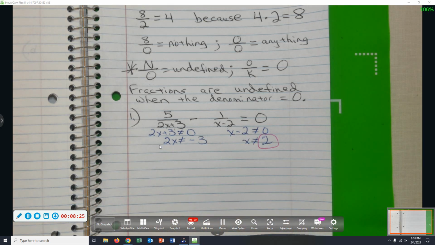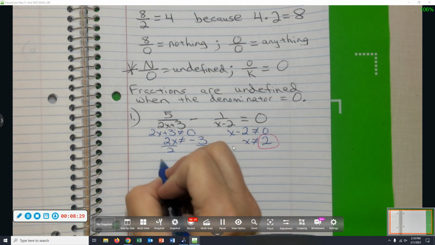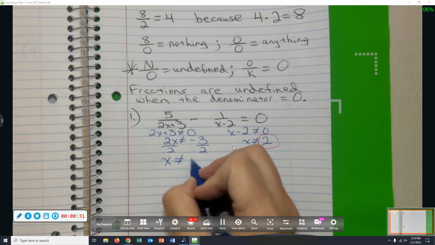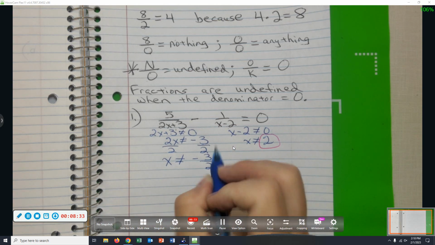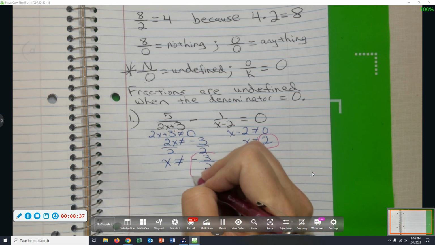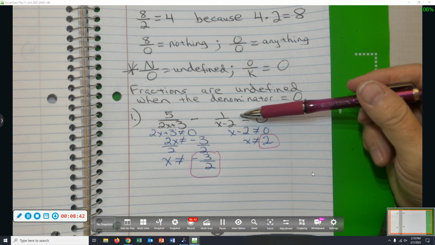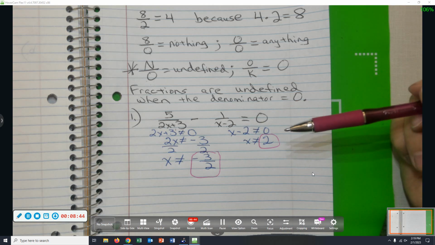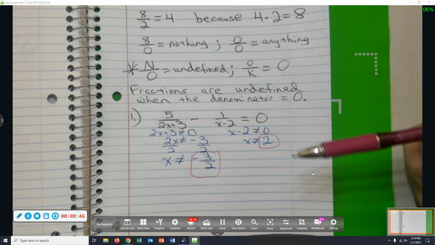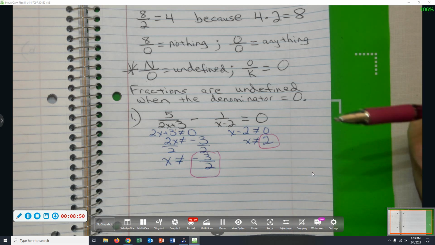Then divide by 2. So x shouldn't equal negative 3 over 2. So here are two numbers that x can never equal. If we solved this equation and got 50 million, that'd be fine. The only unacceptable numbers are 2 and negative 3/2.